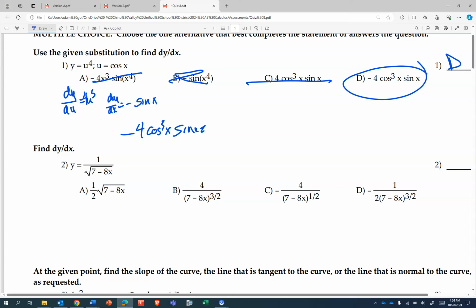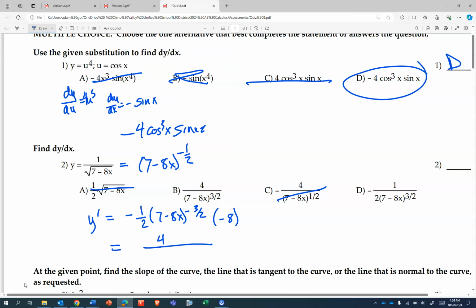Dang. No shortcuts here. I think we just have to rewrite this as 7 minus 8x to the power negative 1/2, which has a derivative. It says dy/dx. Why waste time? Negative 1/2 of 7 minus 8x to the power negative 3/2. And then chain rule times negative 8.